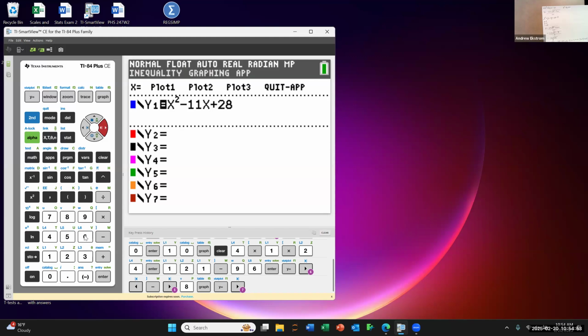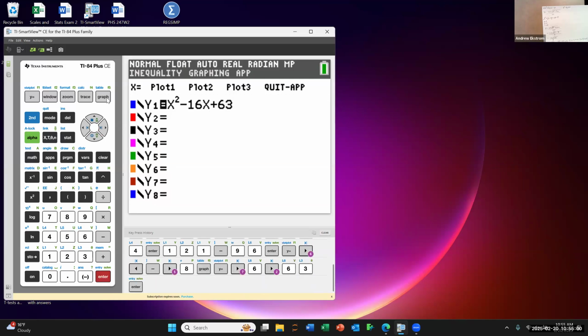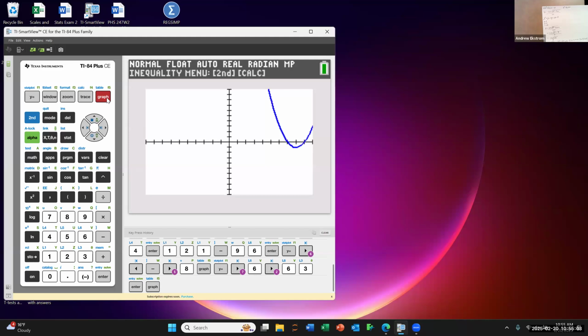So this is going to be negative 16 plus 63. We graph that, and you see 1, 2, 3, 4, 5, 6, 7, 8, and 9. So that's telling us that when we make that whole thing equal to 0, y should give us about 7 and 9.